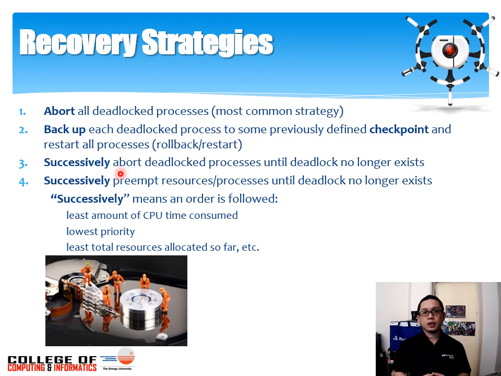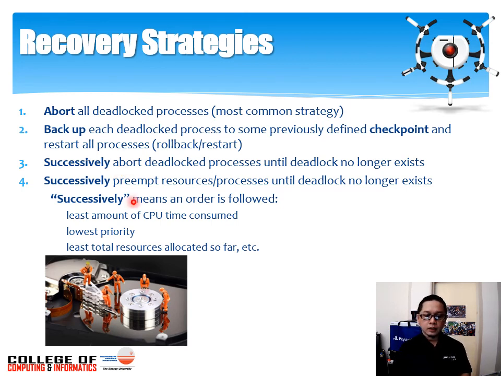So perhaps you can try to terminate first process 1 and see whether P2 or P3 can continue. If not, try to terminate P2 and then see whether P3 can actually continue. Okay, if all that is done, then of course you need to do a rollback if deadlock still happens after you do the successive termination.